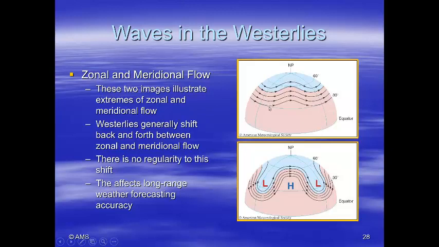So once again, if we wanted to measure the wavelength of this, we go from, say, trough to trough and measure the distance. We'd also measure the number of waves that go around the Earth. And the amplitude is how far north they go and how far south they go.